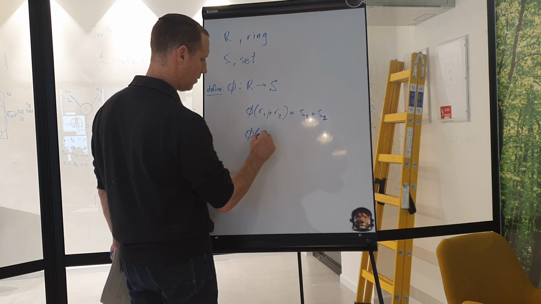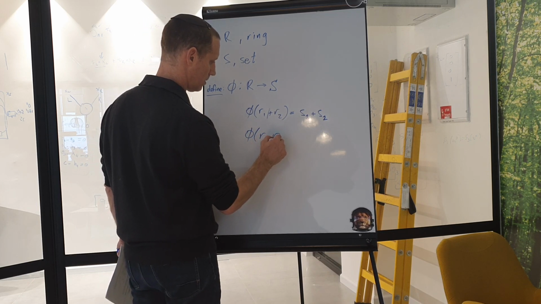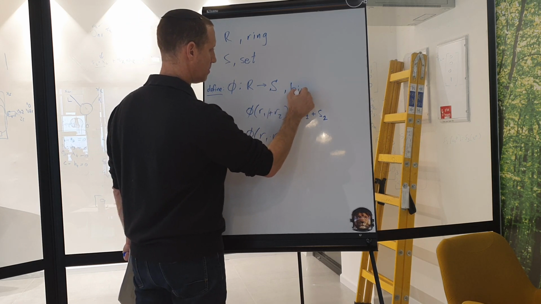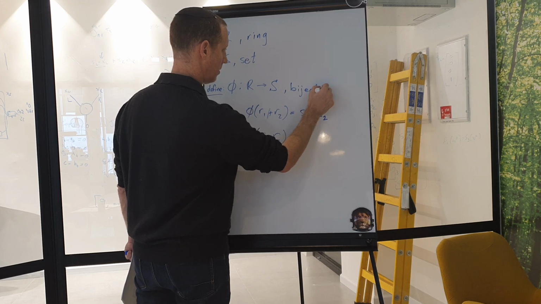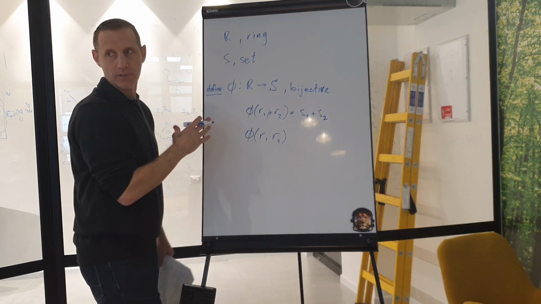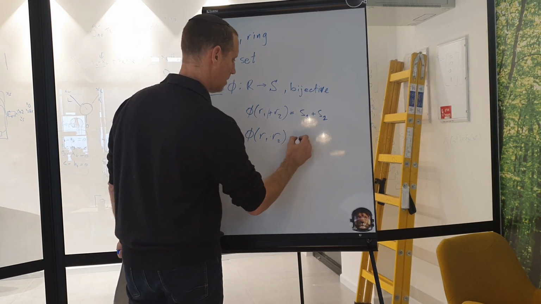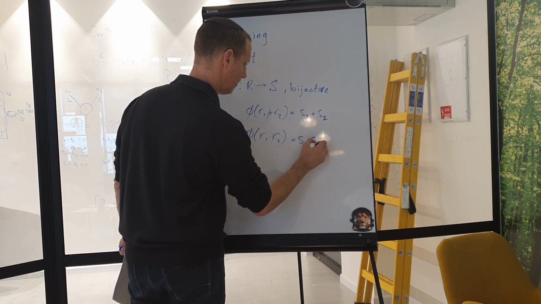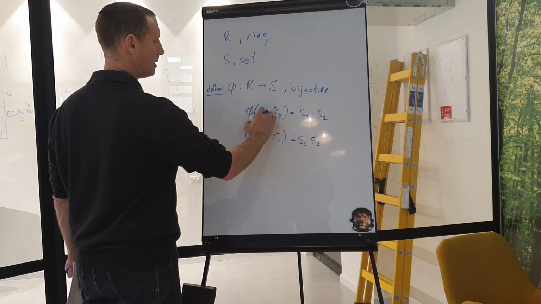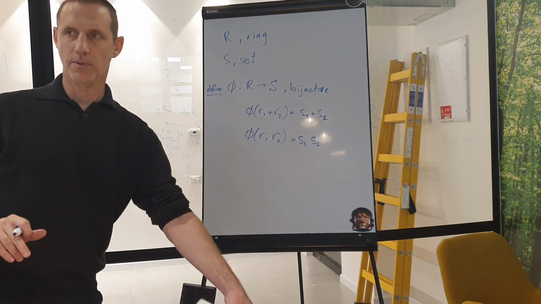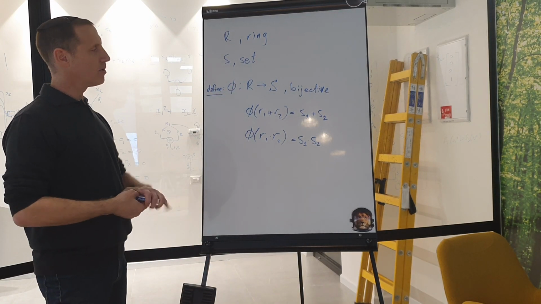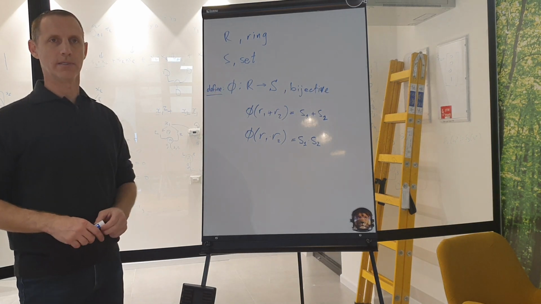If we force this structure, and this is bijective, okay, so we build this, we construct this. Right, then we essentially created an isomorphism between R and S. Right? So now whatever applies to R works on S.